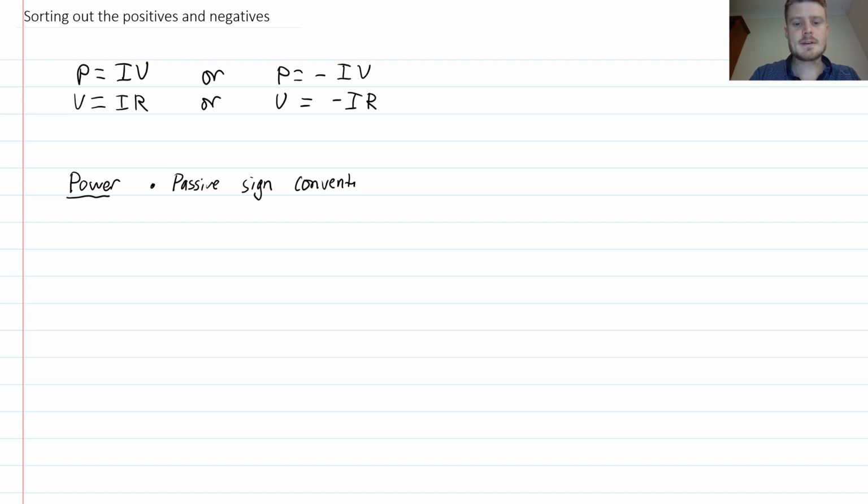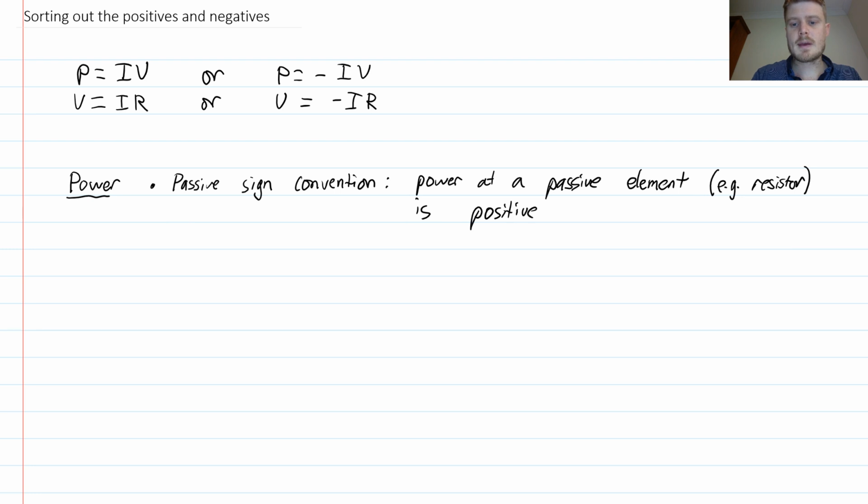So the passive sign convention says that power at a passive element, an example of a passive element would be a resistor, e.g. resistor, is positive. Basically it says we'll use a positive sign for the passive elements.